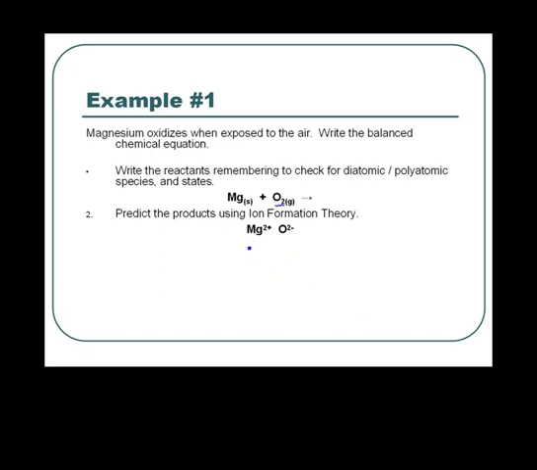If this thing is going to form a product, then it has to form a product based on the ions that are formed by the two atoms. And so the product that we're going to get is MgO. The 2+ on the magnesium and the 2- on the oxygen, so we get a compound with a charge of 0. Got to make sure we get the state.